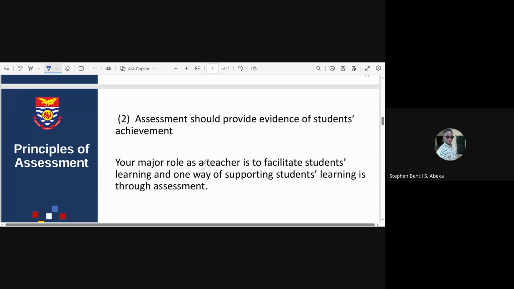All right. So looking at that, it's to provide evidence of students' achievement. You see here, the teacher plays the role as the role model who facilitates students' learning in the classroom. So it is based on you supporting students in their process of learning and making sure you go by the importance of mathematical ideas and practices. So it has to do with your assessment as the evidence of you gathering all the information, knowing that whatever you've taught is well understood by students from the feedback they give.